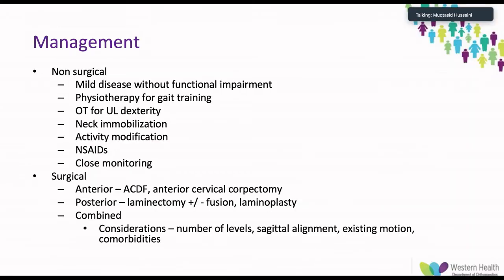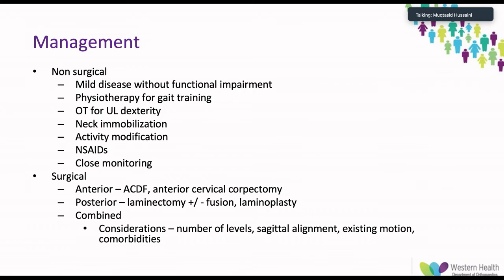So the management, we can divide into non-surgical and surgical management. Non-surgical management really is only in patients with mild disease without functional impairment and who maybe have some other comorbidities that might make surgery higher risk.